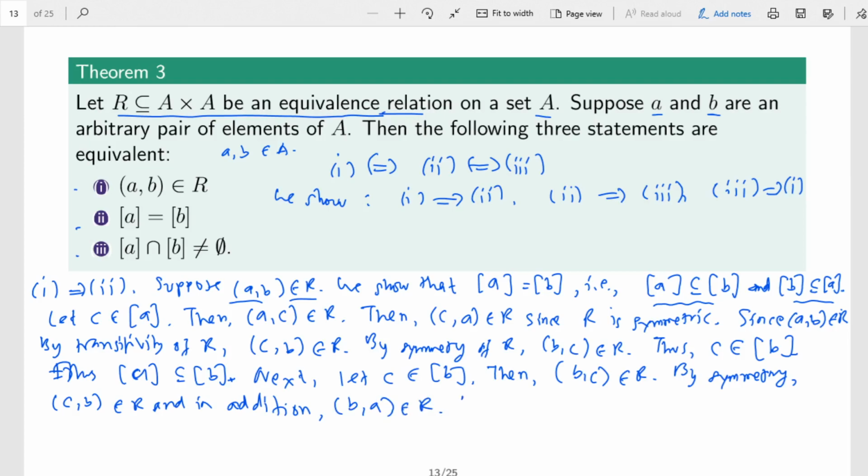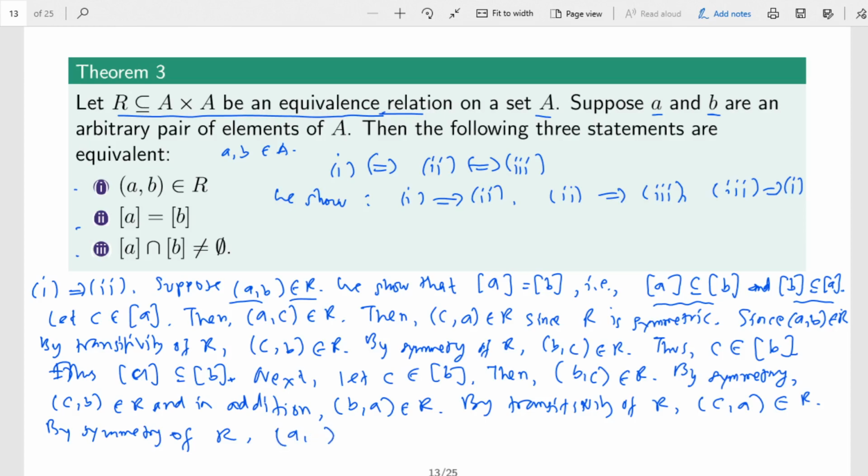So by transitivity, this means that (c, a) is in R, and by symmetry of R again, we have that (a, c) is in R, or c is an element of the equivalence class of a.